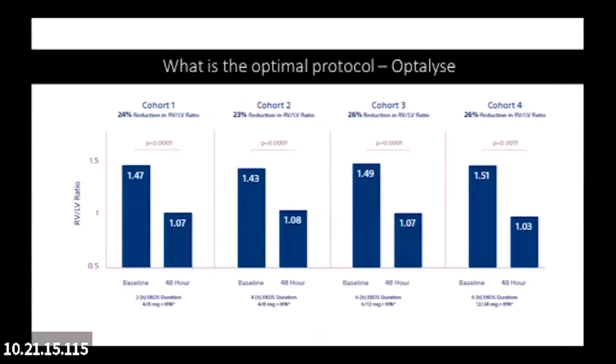Eventually what they found is that for the 6-hour regimen, which means each catheter is used for 6 hours, they have a similar outcome for RV improvement, and they have fewer hemorrhagic events. That's what the Optalyse trial showed. That's what we are using in this institute right now, 6-hour ECOS treatment.